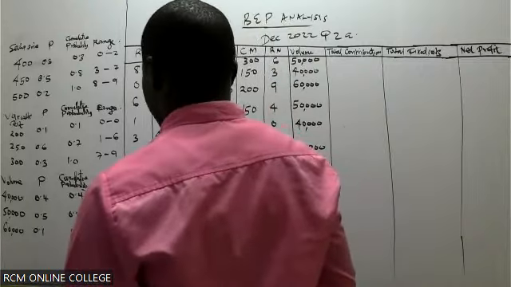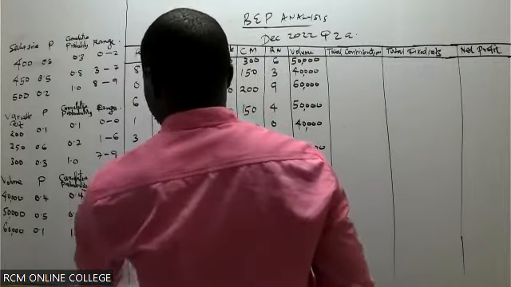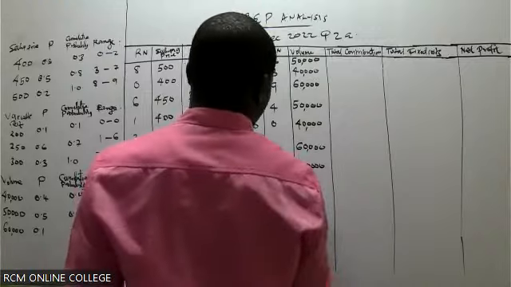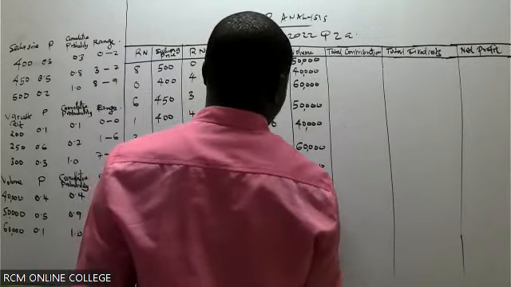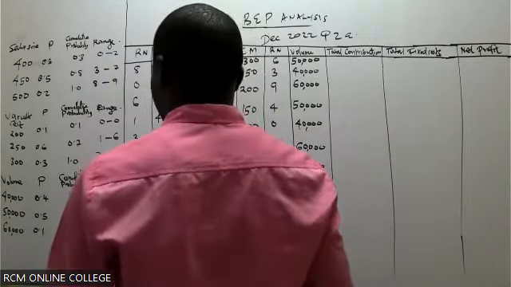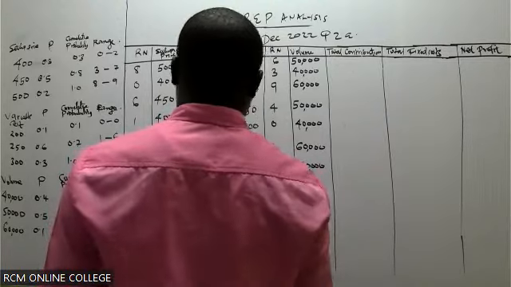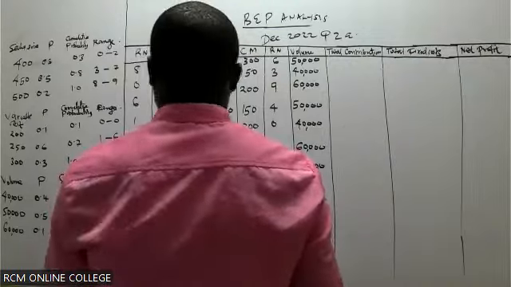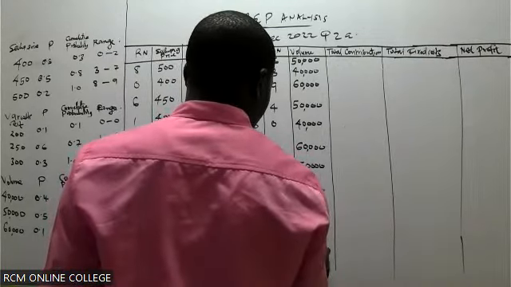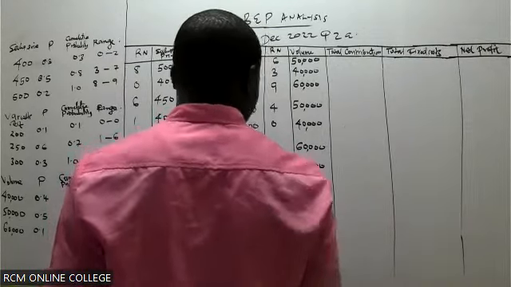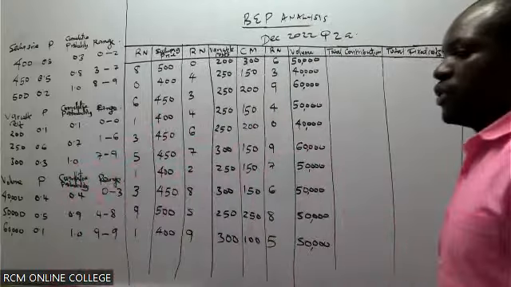Then number 6, that is when we have 6 within this range, 50,000. 8, the same range. 5, the same range. 5, the same range. Good.